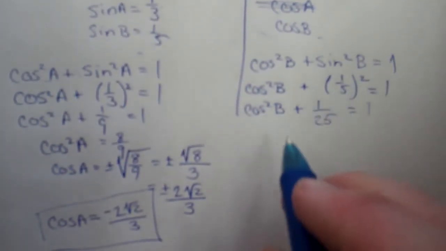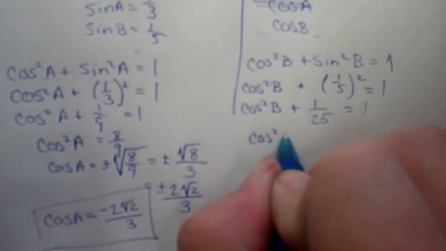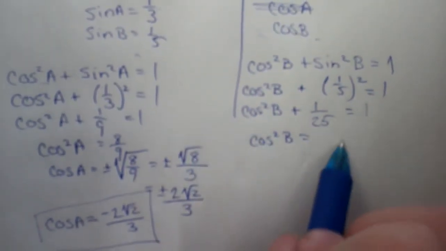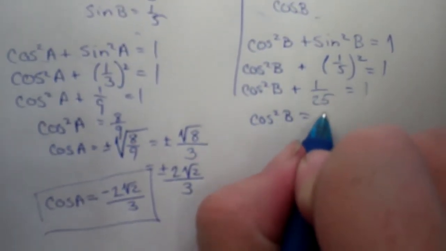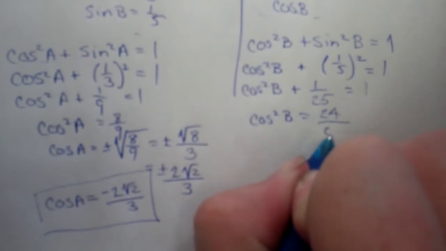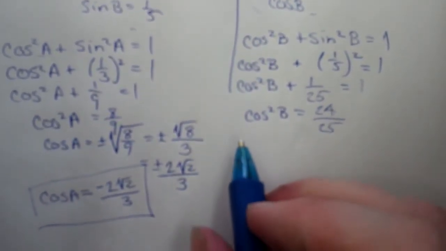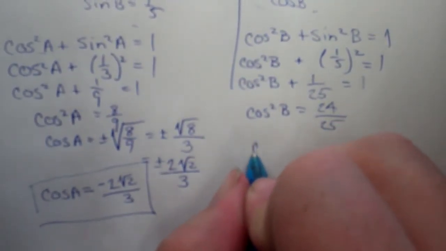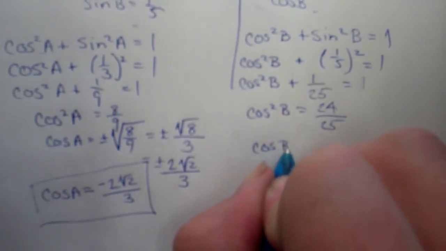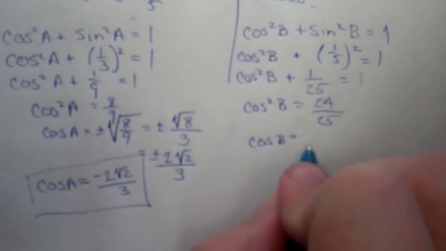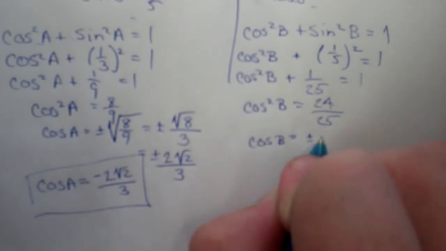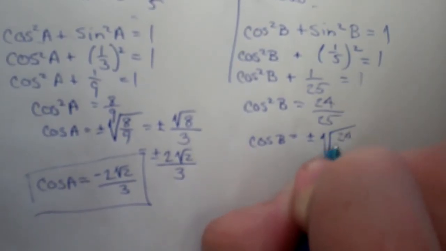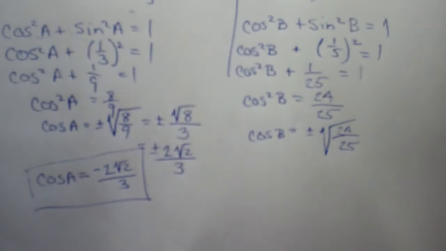I'll subtract 1/25 from both sides, so cosine squared B is equal to 1 minus 1/25, which is 24/25. Take the square root of both sides, so we get cosine of B is equal to plus or minus the square root of 24 over 25.